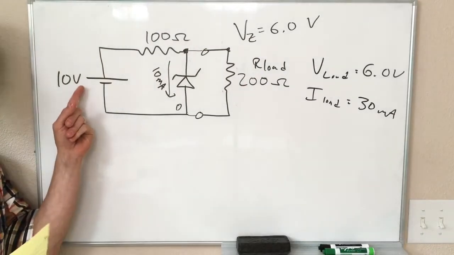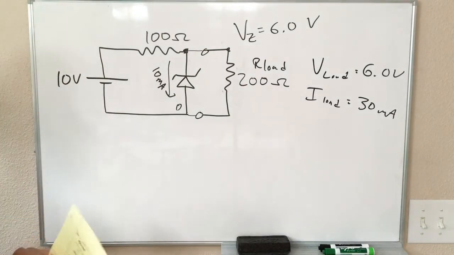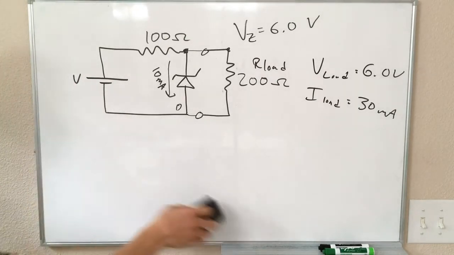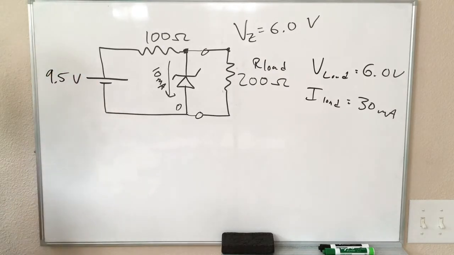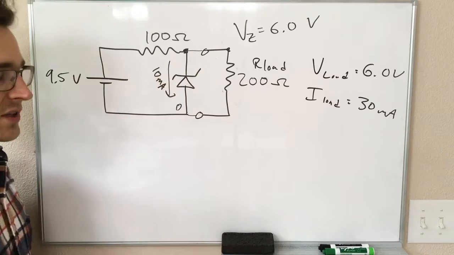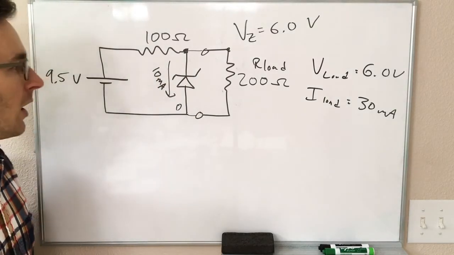So what happens if our voltage supply here, let's say what happens if it decreases to 9.5 volts? Well, we can go through all the same analysis steps we did before. I'm not going to repeat them because they're all the same, except for instead of 6.67, it's going to be 6.5 or 6.4 or something.